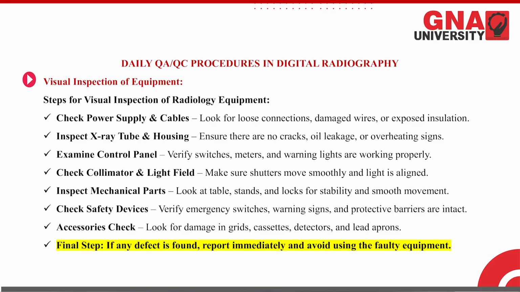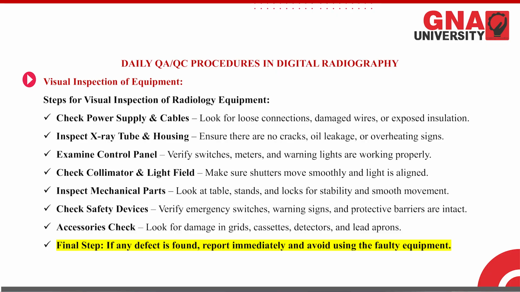We should always avoid using faulty equipment, because faulty equipment is dangerous for the patient. Sometimes it can cause a high exposure to the patient, and sometimes it can cause an electric shock to the patient. So we should always avoid using faulty equipment.